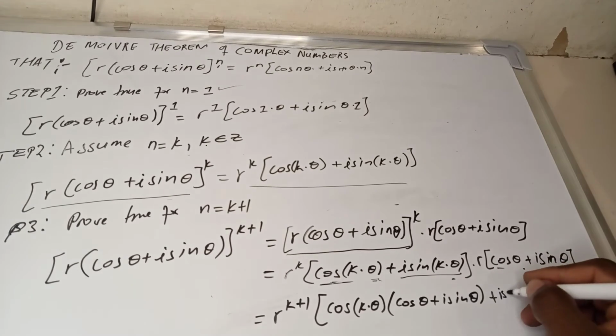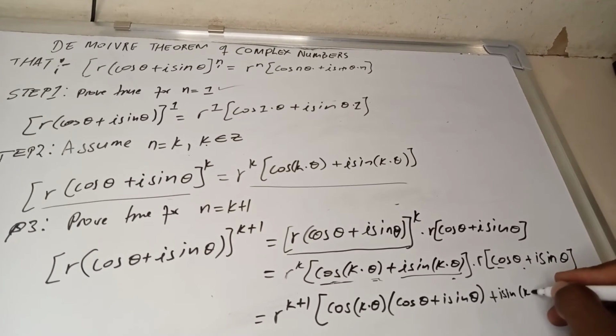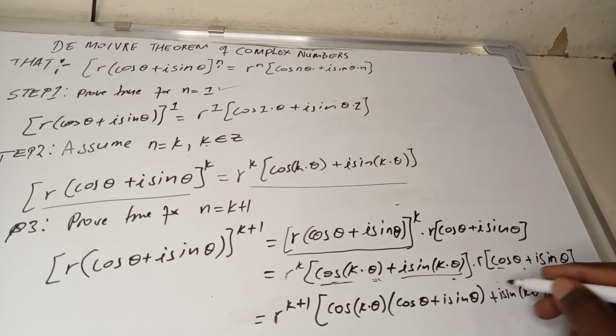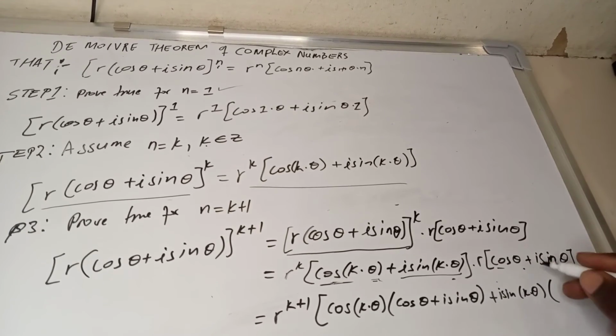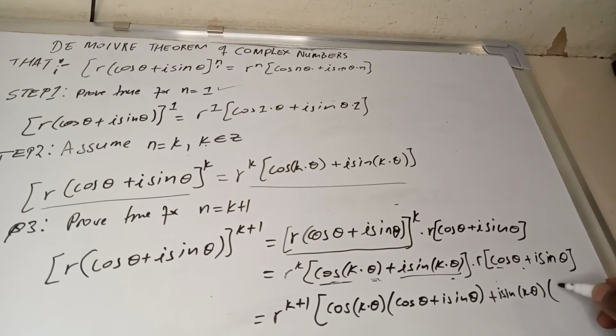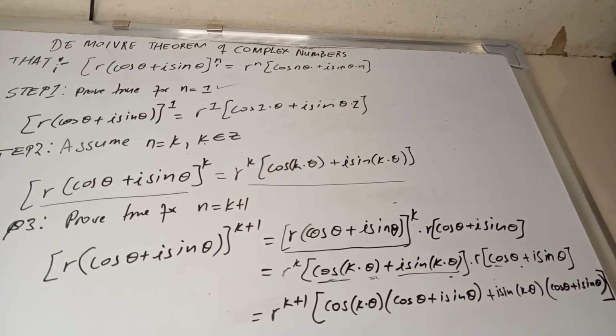So i sin of k theta will multiply all this, so cos theta plus i sin theta.